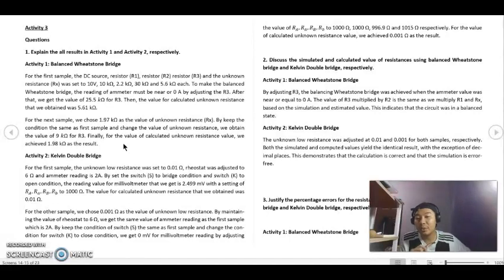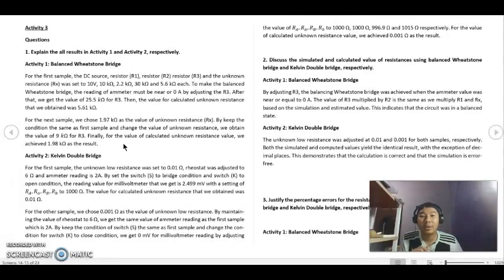And for the other sample, we choose 0.001 ohm as the value of unknown low resistance. By maintaining the rheostat value of 6 ohm, we get the same ammeter reading as the first sample, which is 2 amp.